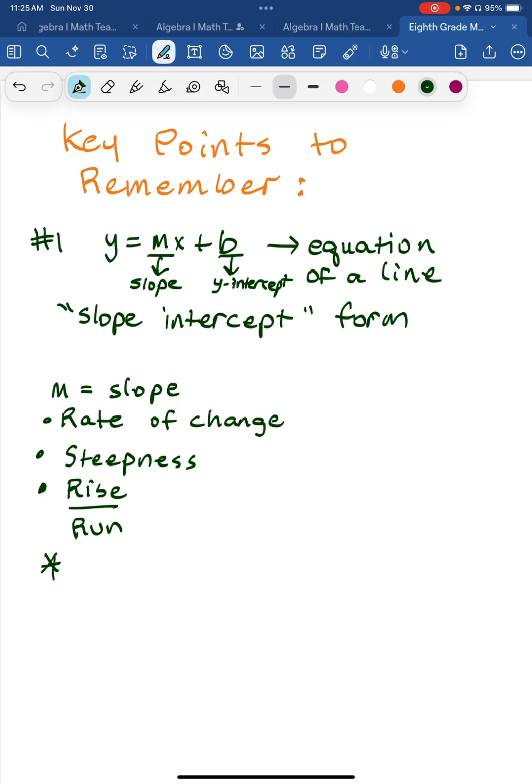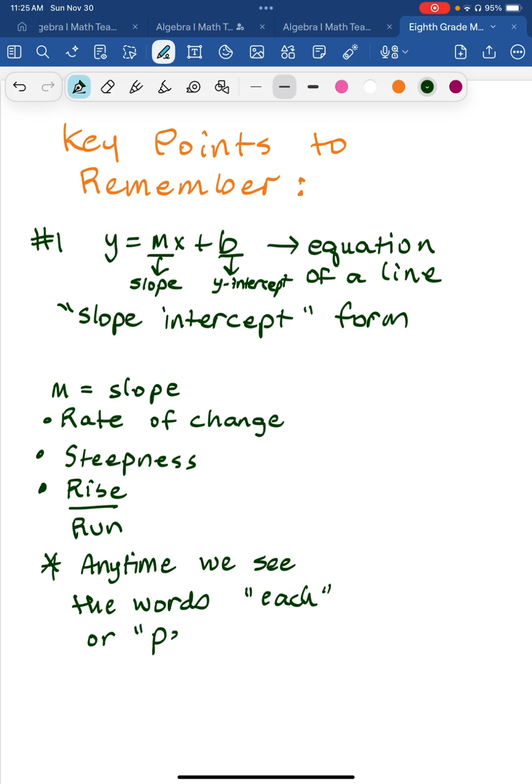Here's a key point. Anytime in a problem that we see the words each or per, that's going to be talking about the slope.